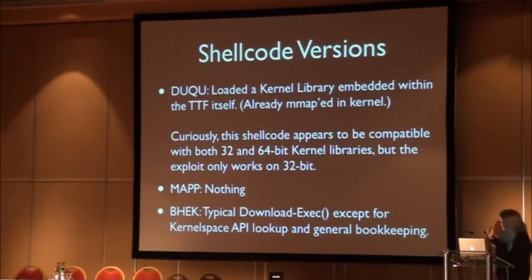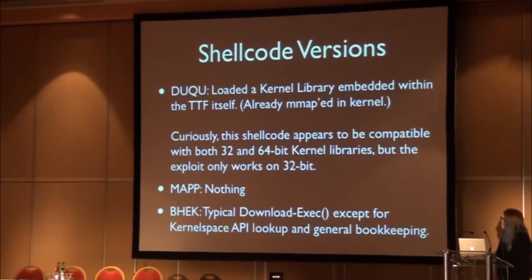So anyway, the MAP one basically had everything nulled out. And then for the Black Hole one, it's the typical download-and-exec from the exploit toolkit website, and then run it and stuff like that.